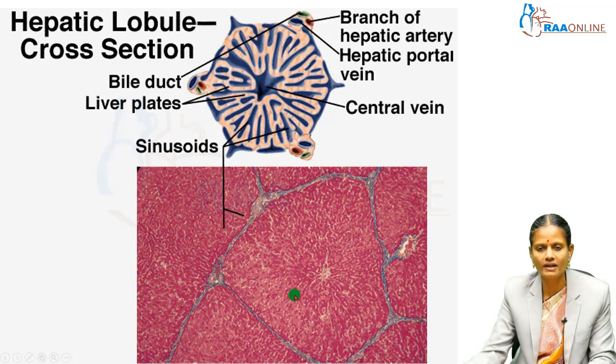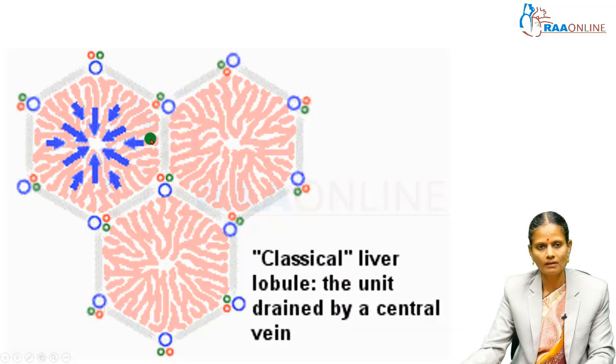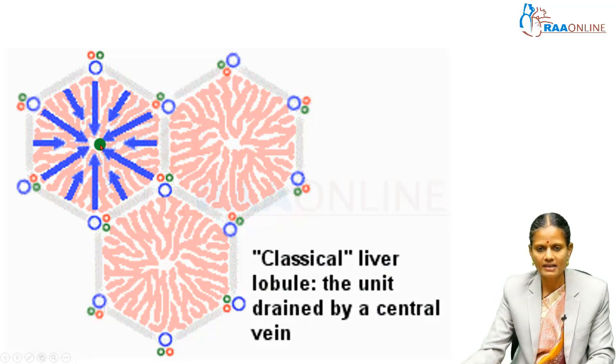This is the corresponding microscopy as we see in the slide. Central vein, this is another lobule, this is another lobule. They are the plates of hepatocytes arranged around the central vein, and these are the portal tracts. So this is the classical liver lobule, drained by the central vein.